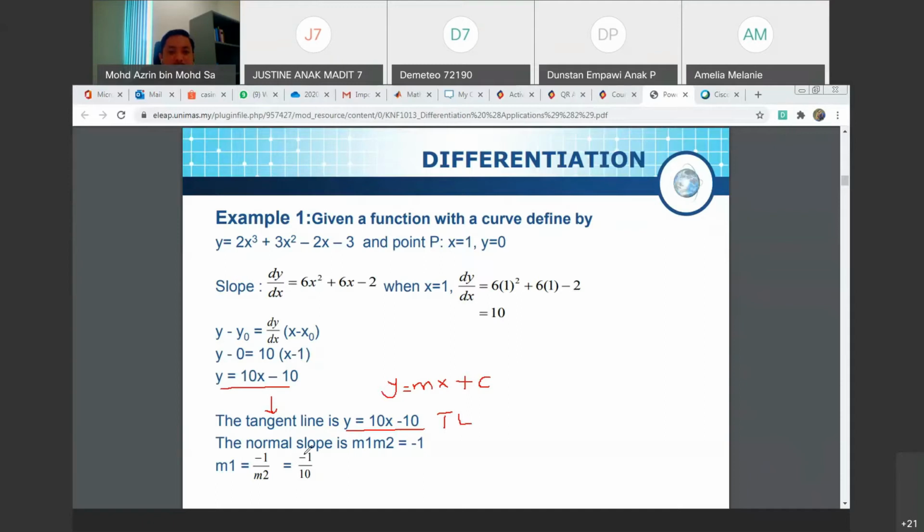After you find this equation for the tangent line, you can find the normal slope. This slope is for the tangent, as the equation is f prime.